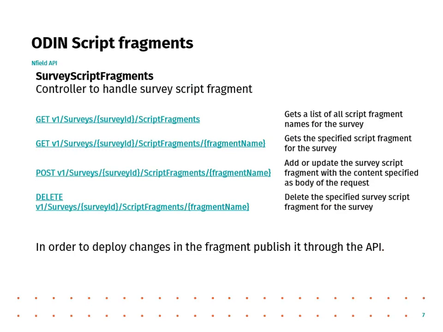Script fragments, just to retrieve a whole list of all the names that have been uploaded to a certain survey, or script fragments with a fragment name to get that specific fragment, and you can use post to post new fragments or update existing ones, or delete to remove one. Notice that the post should always be followed also by a publish, because otherwise the changes to the fragment will also not be reflected in your survey.